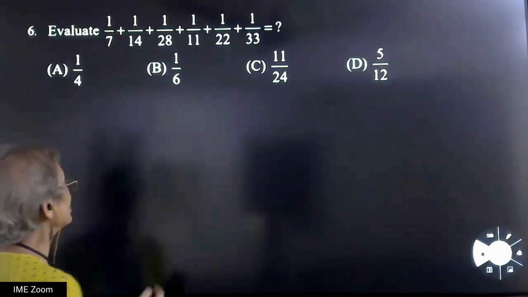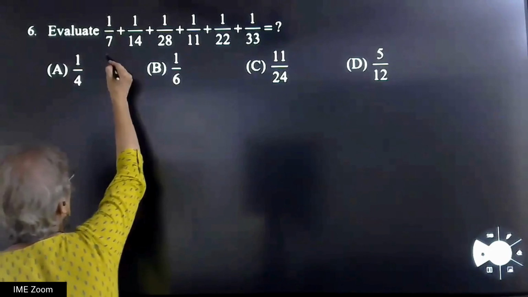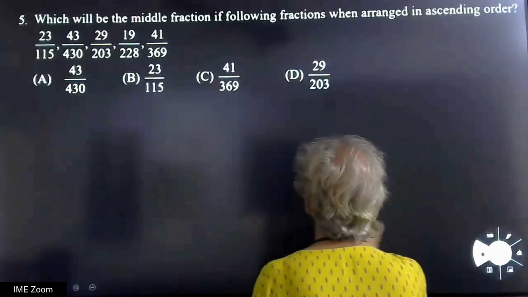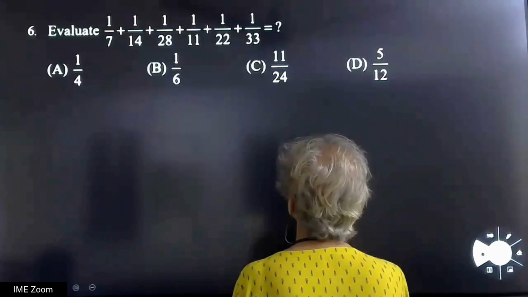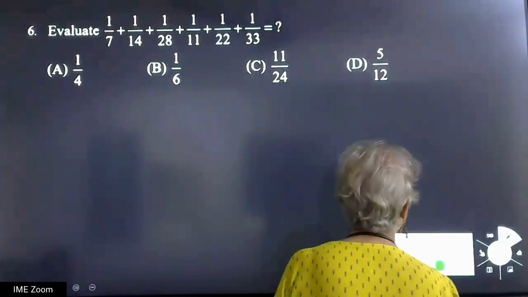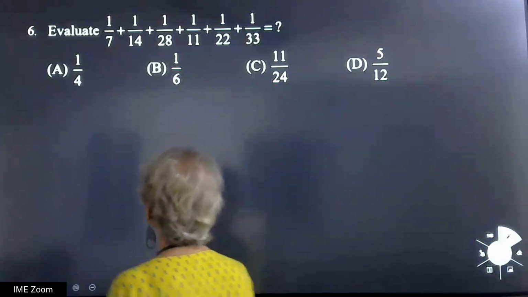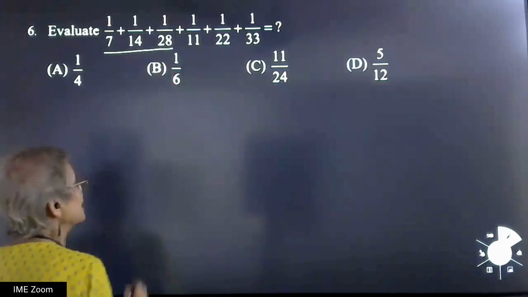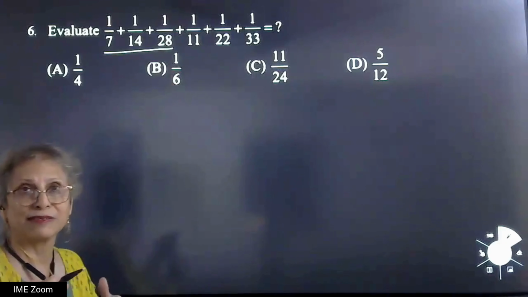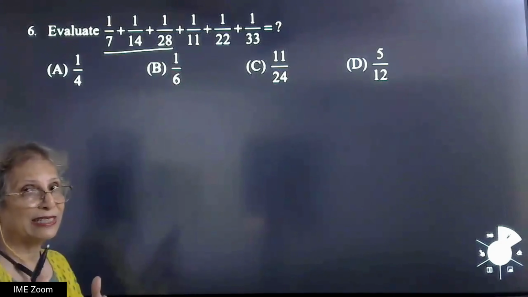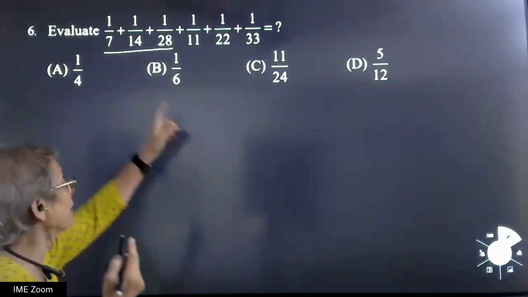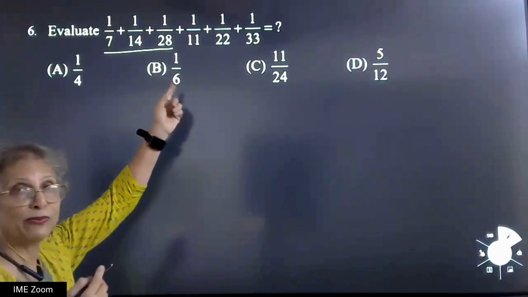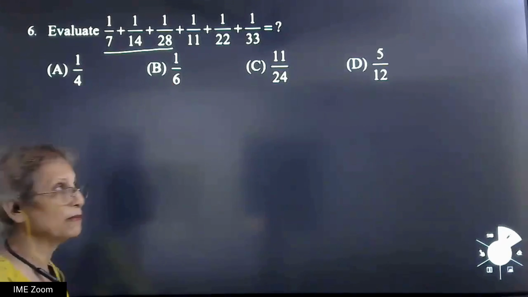But here you will observe some pattern. You can observe. Look here. These 3 numbers. Here the denominators are the multiples. So we can easily find out LCM. We have done in LCM topic that if one is multiple of other, multiple is the LCM.